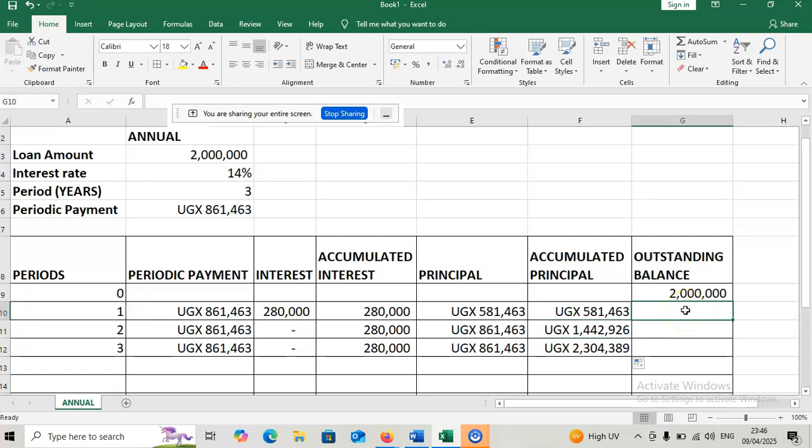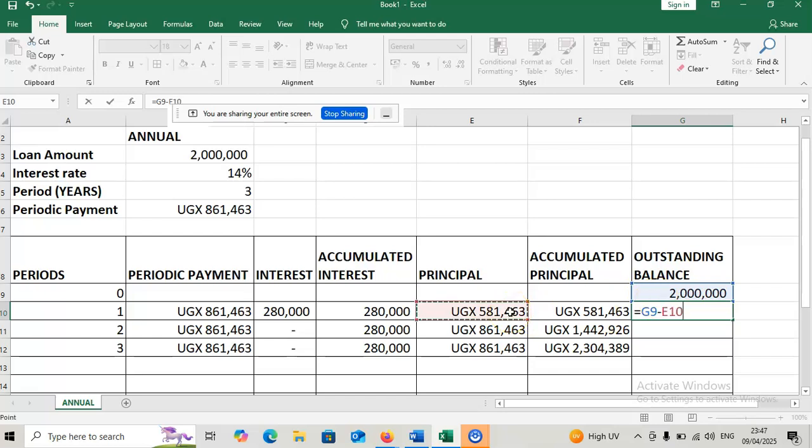Now lastly, we have the outstanding balance. That is the amount of money you're left with to finish repaying the loan. So how do we get the balance? You say equal sign. You get the outstanding balance of the previous year minus the principal.